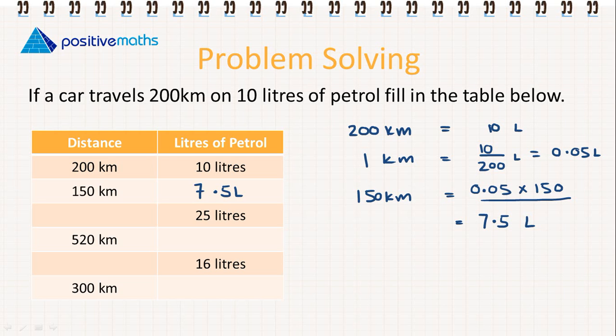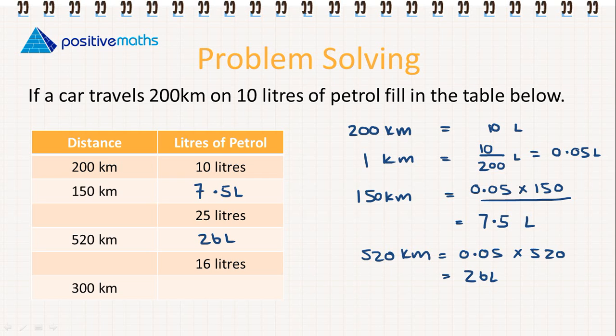So we'll go down to the next example where we need to find litres. We have 520 kilometres. Again, we'd multiply our 0.05, which is 1 kilometre, by 520. And we'll get 26 litres.